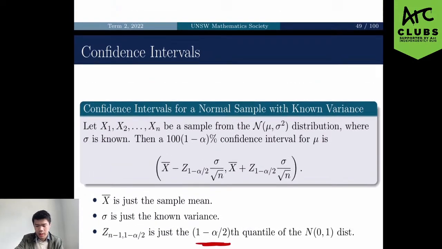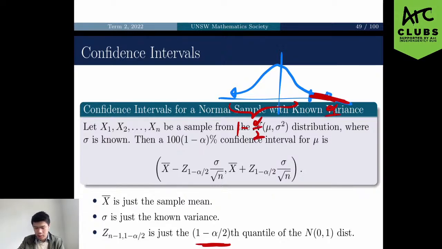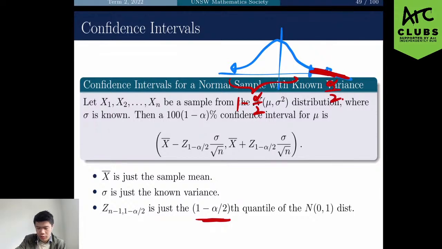Remember our quantiles are percentiles from before? This number is the number such that below it we have 1 minus alpha on 2 and above it alpha on 2. And basically this number over here is equal to z of 1 minus alpha on 2.